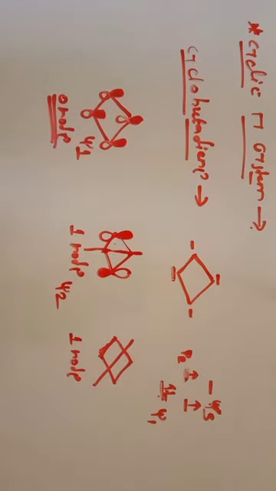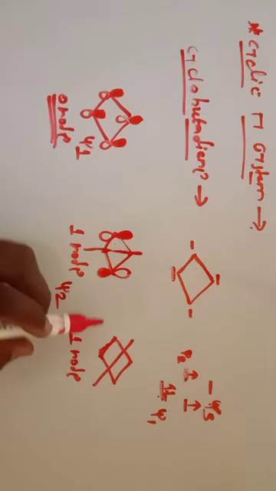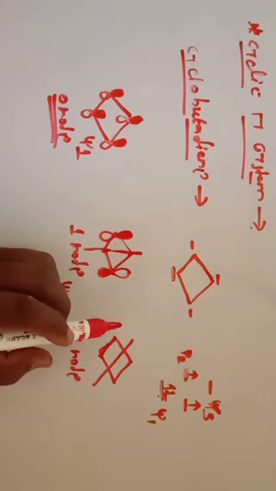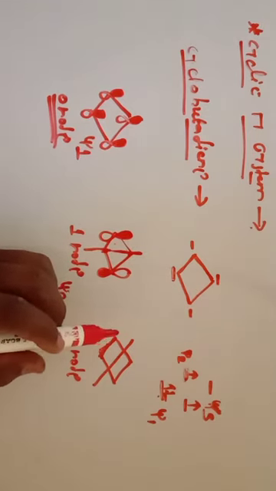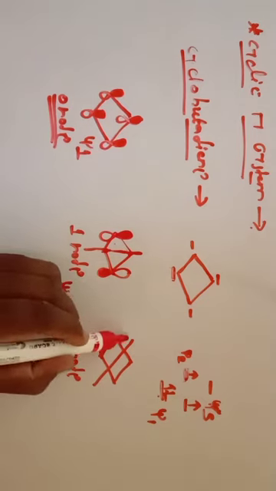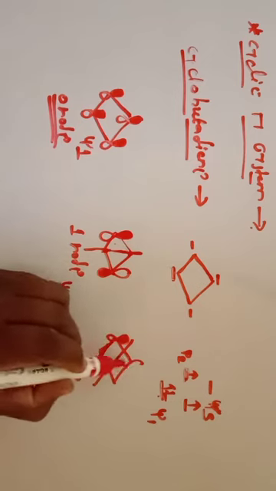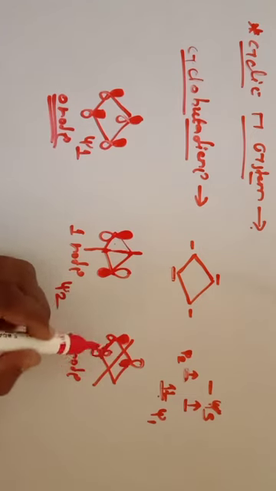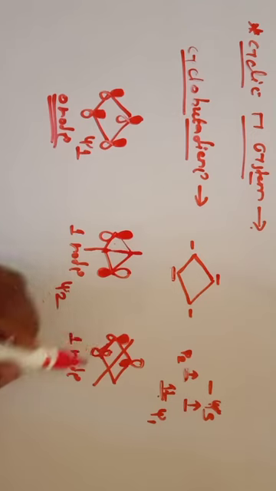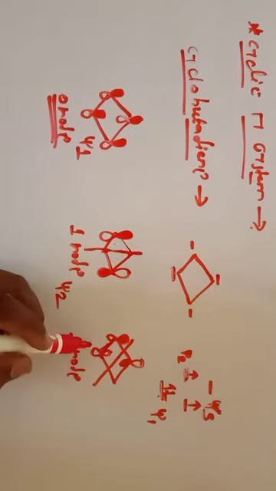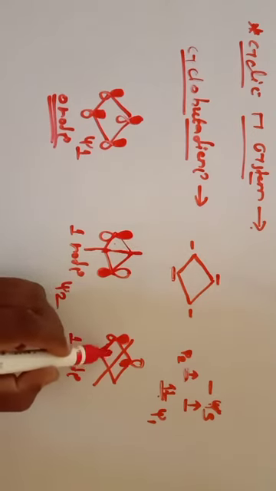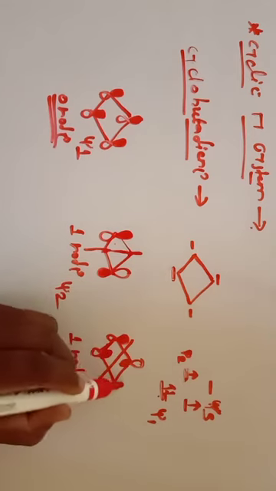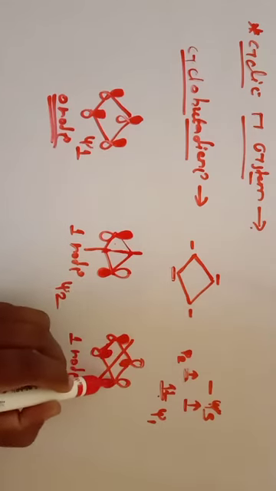If you consider this representation, there should be a node, which means this is your positive, this is your negative, again here also, and there should be a node like this.